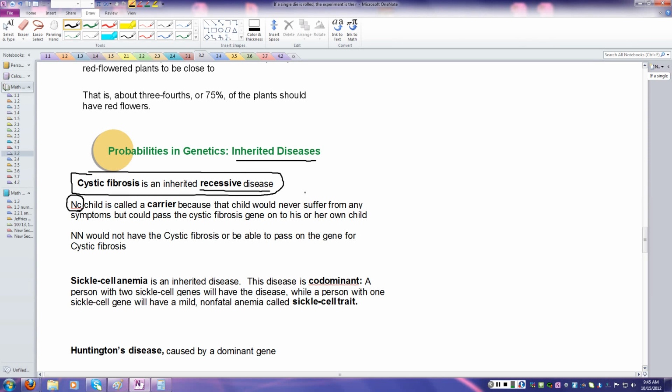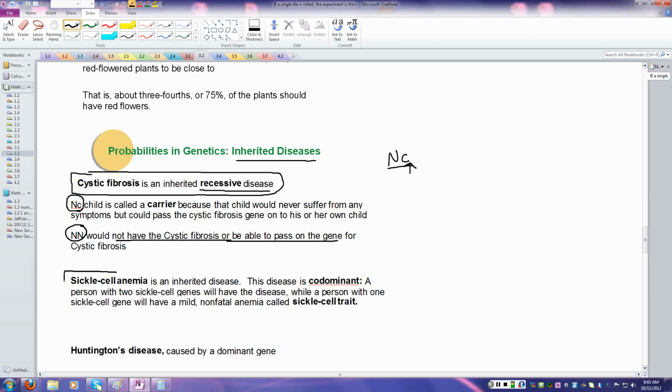So if you come from your parents as NC, this means that you do not have the disease, but you're a carrier. This little C means you're a carrier, but you're not sick. NN would not be sick and not even carry it. So they would not have cystic fibrosis and would not be able to pass on the gene because they don't even have the gene.